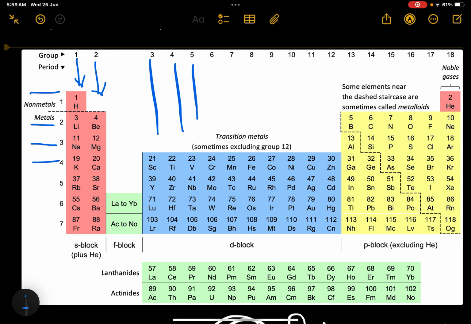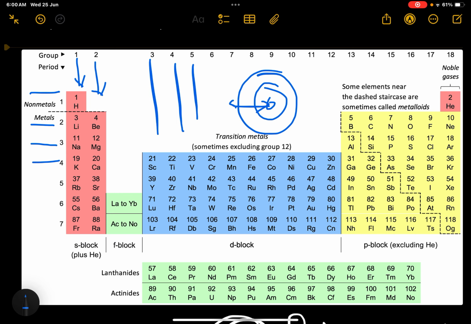When you're moving from left to right on the periodic table, the radius of the atoms decreases, and when you're moving down from top to bottom down the groups, the radius of the atoms increases. The reasons are quite simple. When you're moving down the group, the number of shells of electrons increases. This would be 1, this would be 2, and they increase as you go down the groups. So naturally the radius would increase.